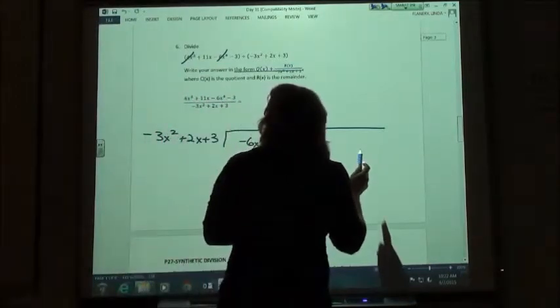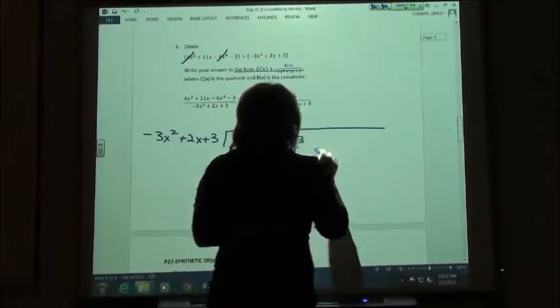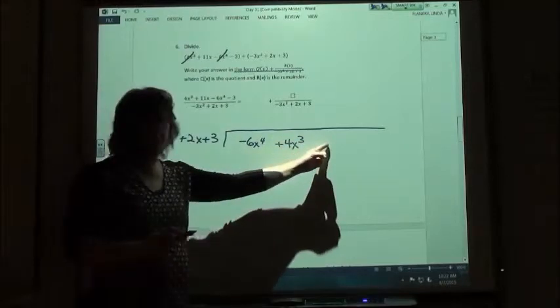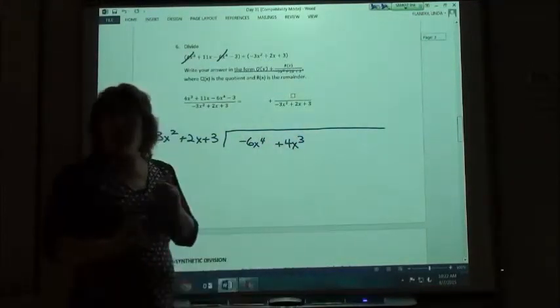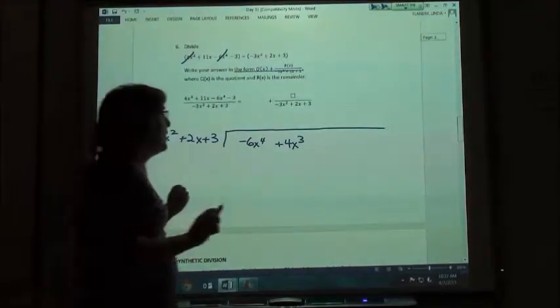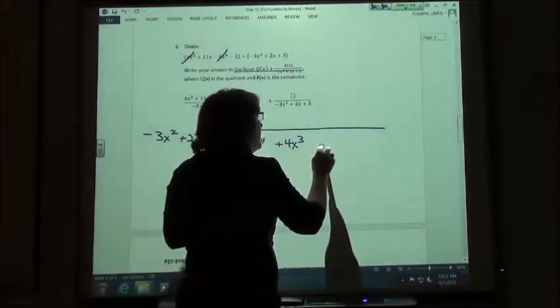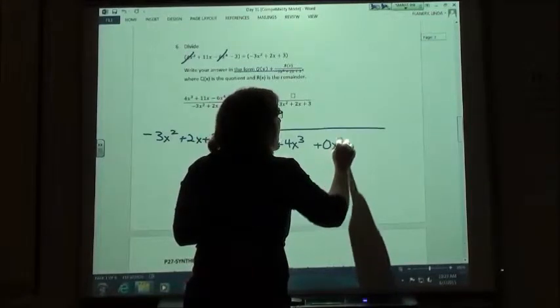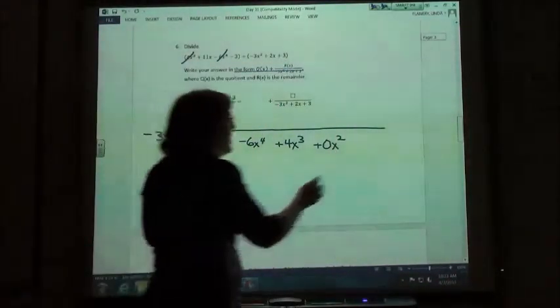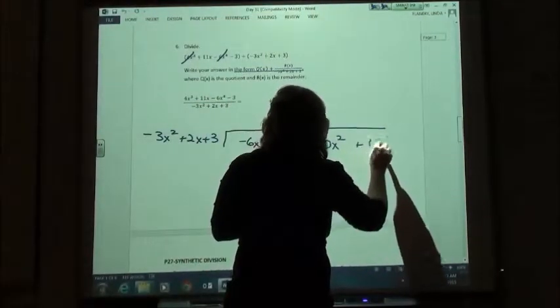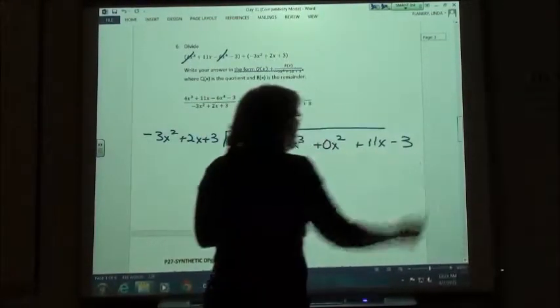Before we do the plus 11x, what do we need next? 3, then 2, right? There's not any squared, so what do we do? Put 0x squared, right? Plus 0x squared, minus 3. Then we have the plus 11x, and then the minus 3.